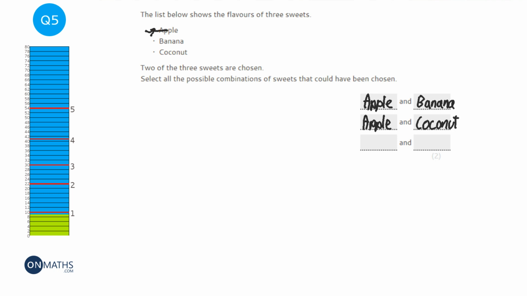Now that's the apple finished. All the possible combinations with apple are finished. So then go on to the next one, which is banana. The banana could be with the coconut. Now that's all the banana combinations done. And actually we've already done the coconut combinations.